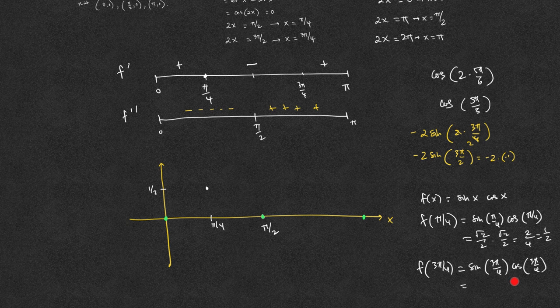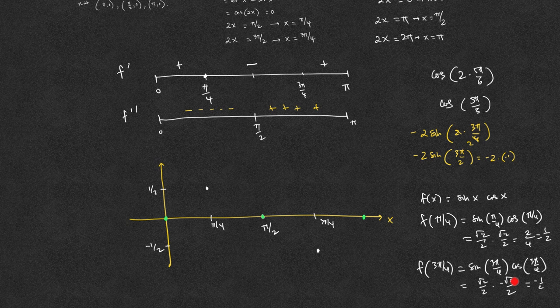But sine of 3 pi over 4 is positive root 2 over 2, cosine of 3 pi over 4 is negative root 2 over 2, so this is negative 1/2. When x is 3 pi over 4, y is negative 1/2, and this will be the local minimum.